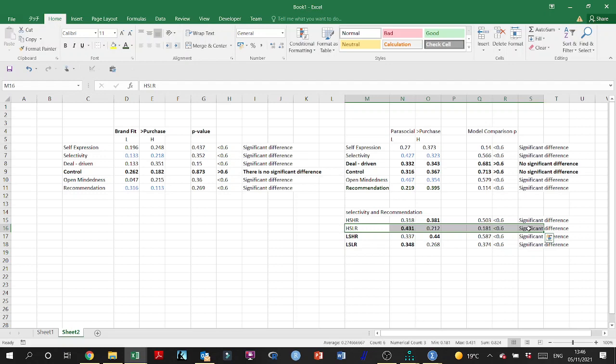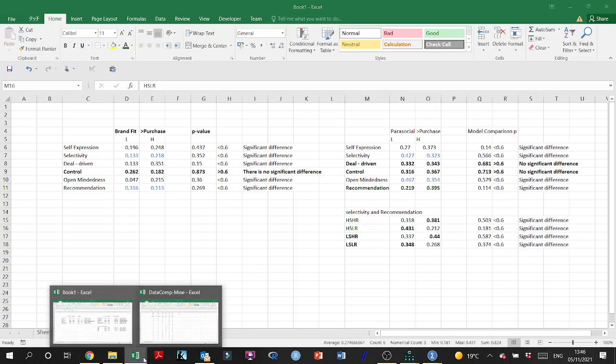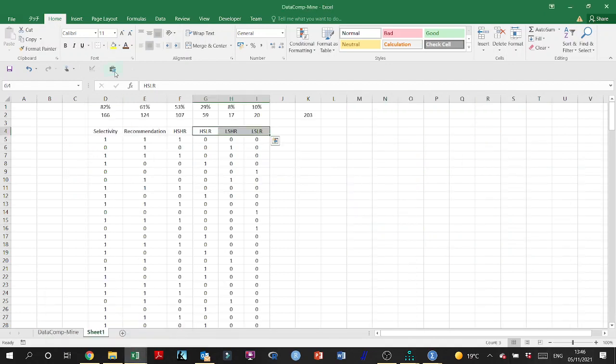So we're just saying that even though the percentage of high selectivity is very high, I was thinking maybe the percentage of high selectivity is not that high.